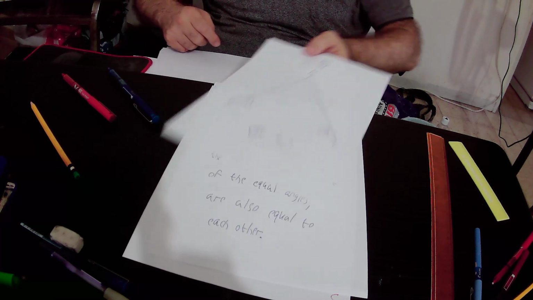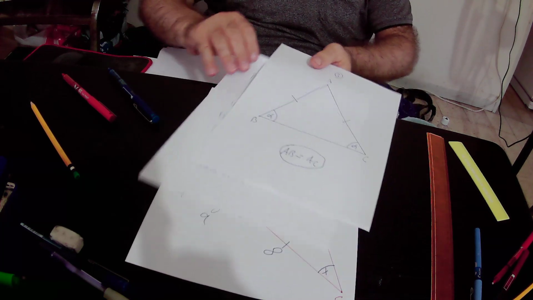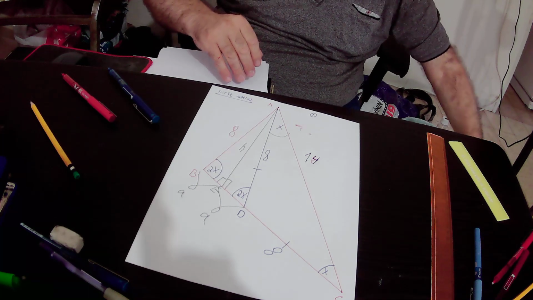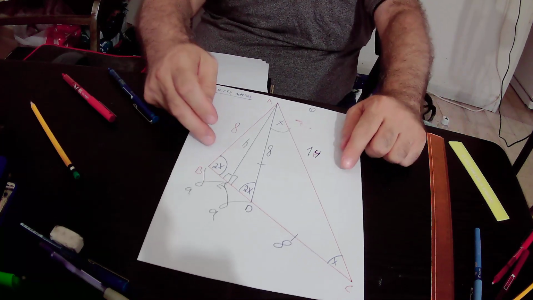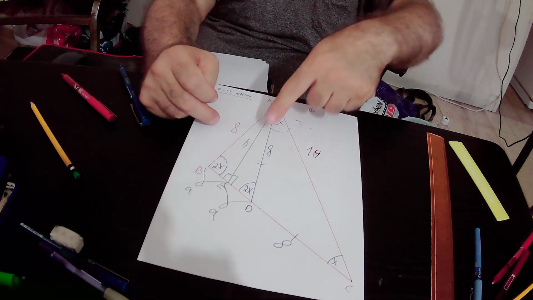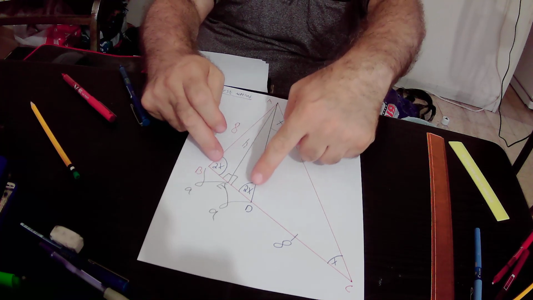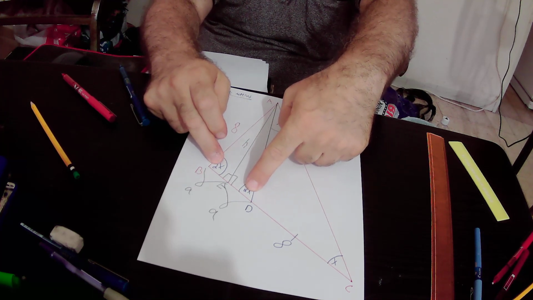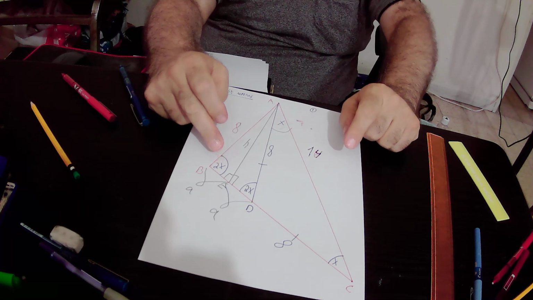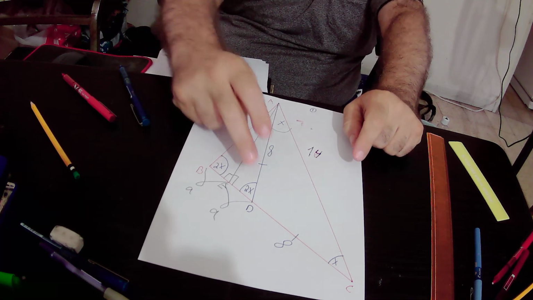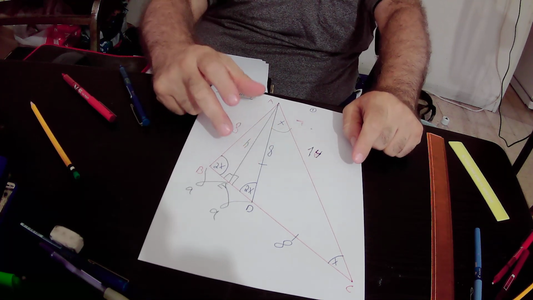Okay, so we can implement rule number 1 in our drawing. In triangle ABD, we have two angles that are equal to each other. Therefore, according to rule number 1, the sides in front of those two equal angles will also be equal to each other.